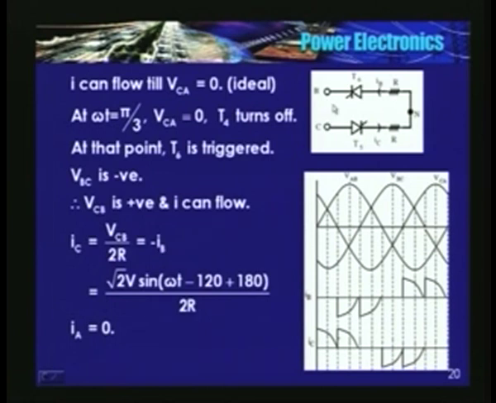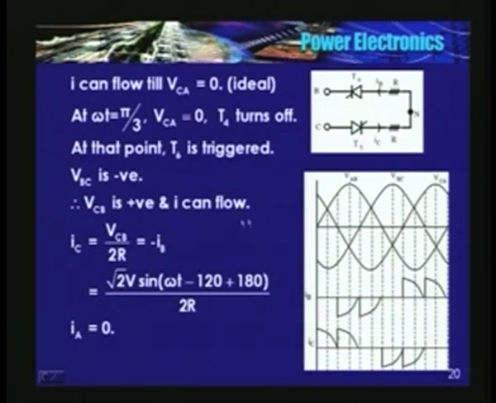VCB should be positive, only then you can have current in this way. Now let us see what happens. See here, VBC is negative. So at omega t is equal to pi by 3, VBC is negative, therefore VCB is positive, and current can flow.